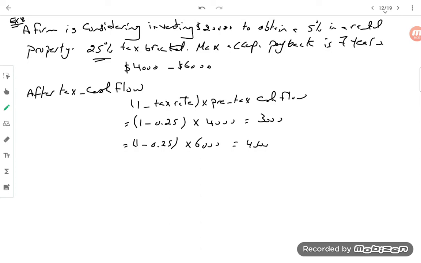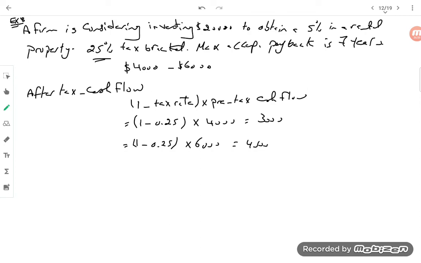So this means that the after-tax income ranges from 3,000 to 4,500. So we have to calculate the payback period twice. One for the 3,000, and the other one for the 4,500.